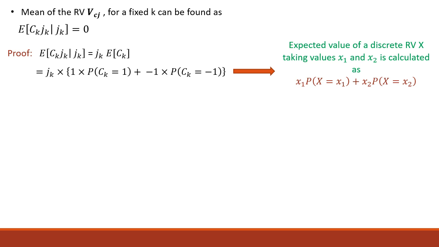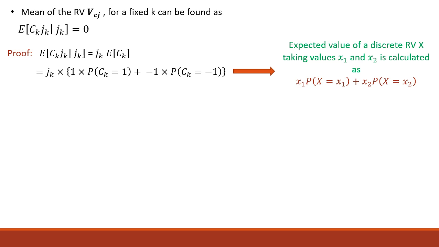That is, for any discrete random variable capital X, if we assume that it can take two values, small x1 and x2, then the expected value can be calculated as small x1 into the probability that the random variable takes the value small x1 plus small x2 into the probability that the random variable takes the value small x2.